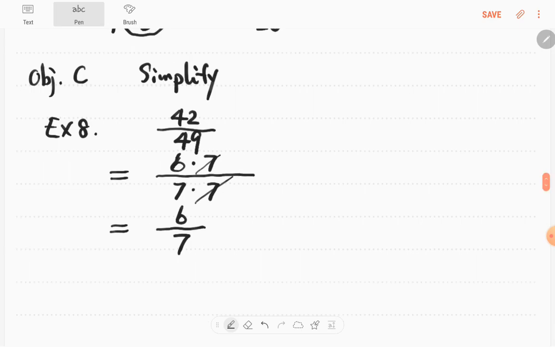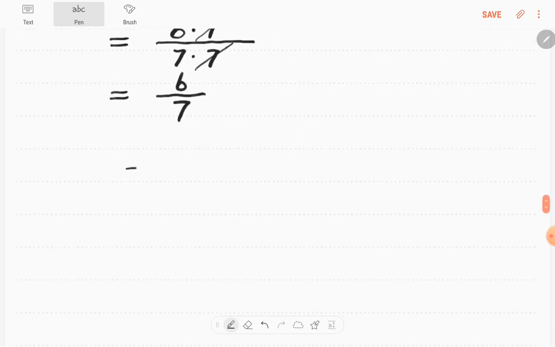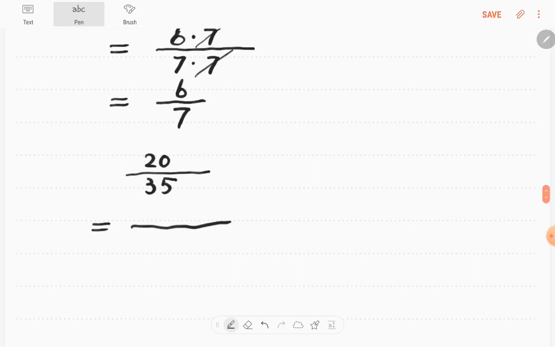Okay, let's try another one. Try to simplify 20 over 35. We still need to factor the numerator first. 20, we can write as 4 times 5.